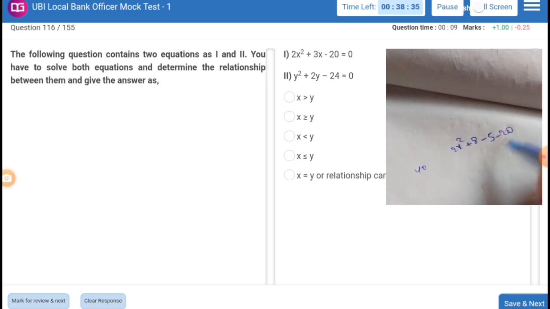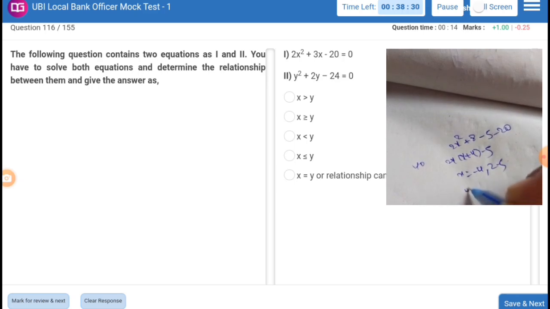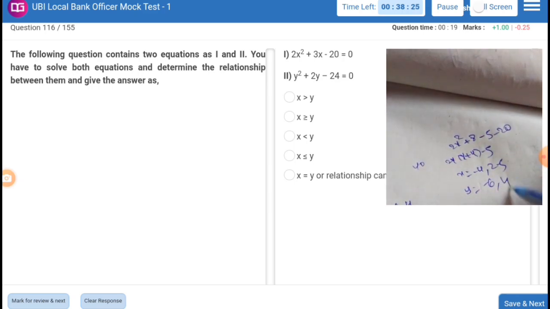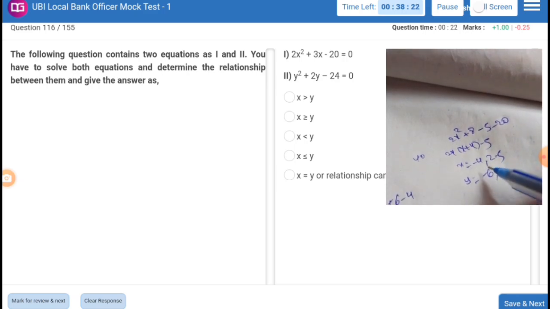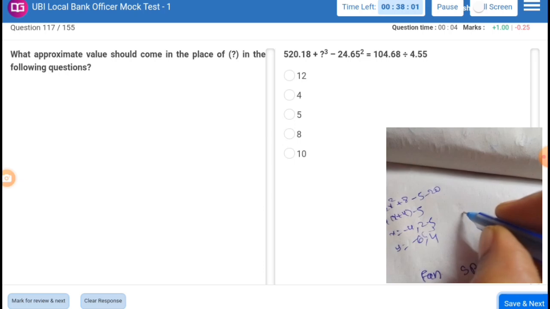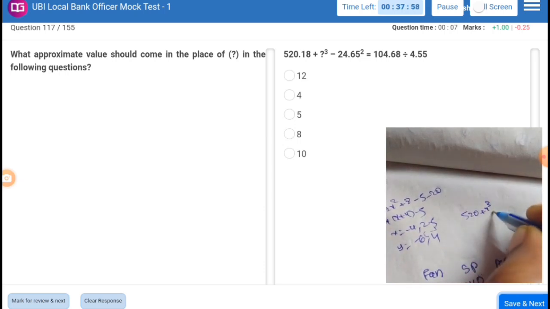Minus 5 minus 10. So y equal to... can be determined. $625.